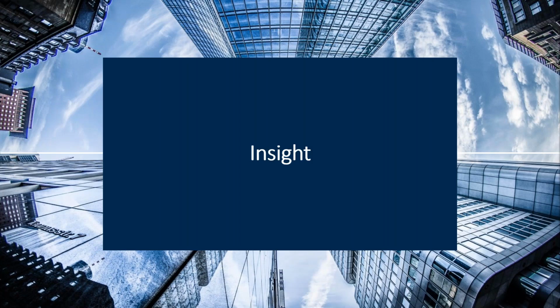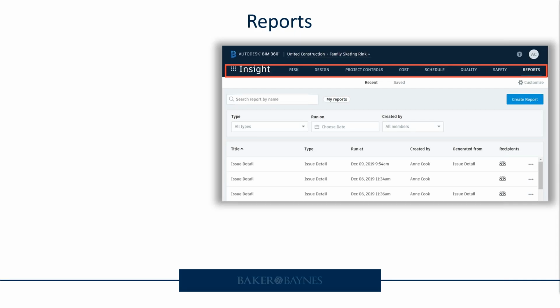Okay, so as we are now nearing the end of our presentation, let's just look at one last feature within the Insight module of BIM 360 Build. Now, we all know that working on a construction project can involve hundreds of subcontractors, thousands of issues, and also a daily changing environment.